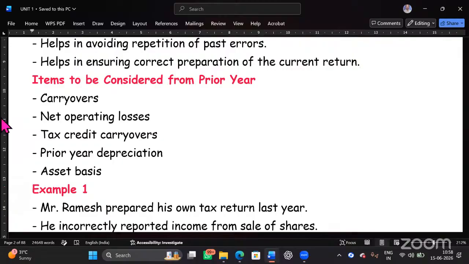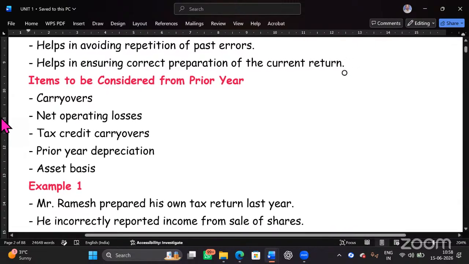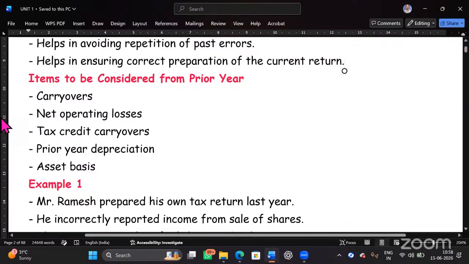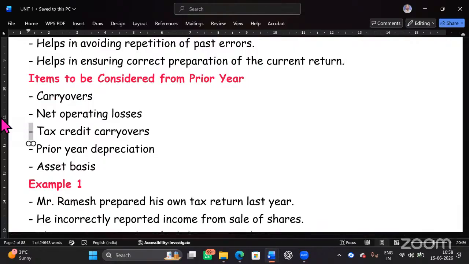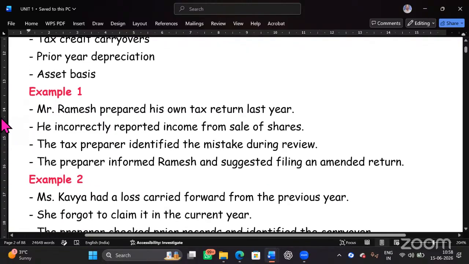So why to read the previous return while filing the current year return? Reasons are these 4: asset basis, prior year depreciation, last year tax credit carryovers, last year net operating losses. That information is useful for preparation of the current year returns.